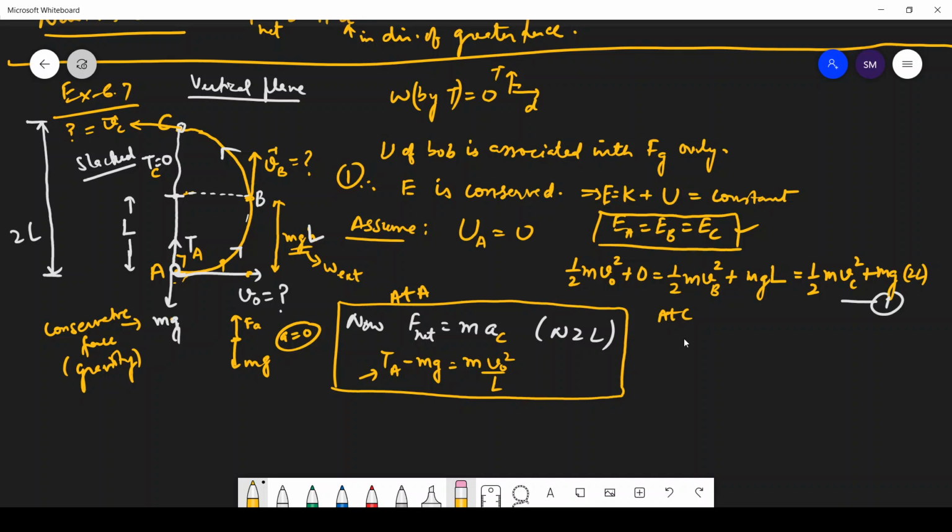So same thing, at point C, F net is equals to MA, and that is written as... which force do you have now here greater at this point? So the ball will come down if it is allowed from here. So which force is greater, students?